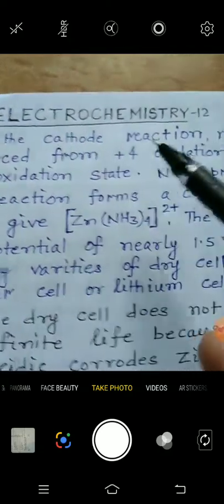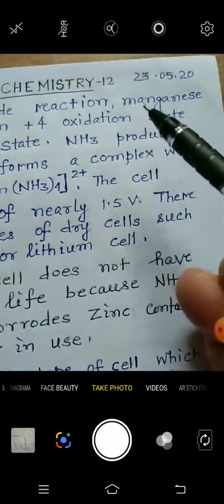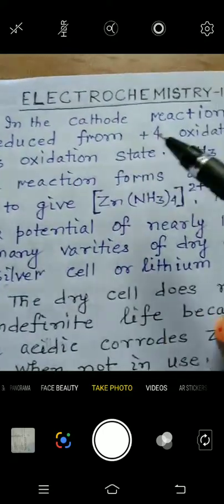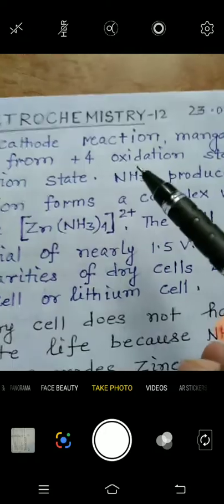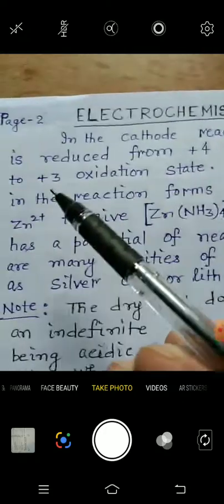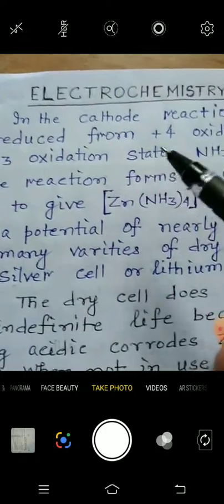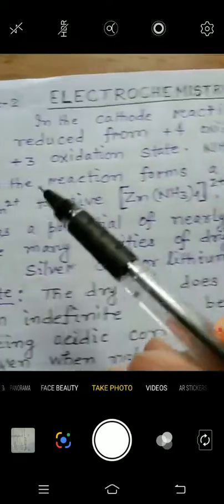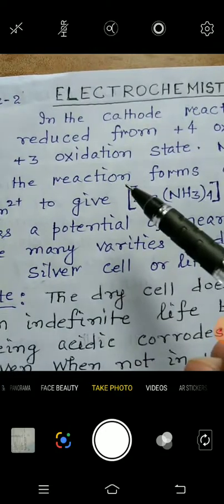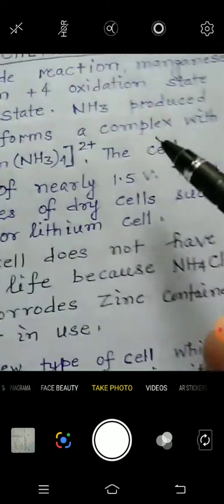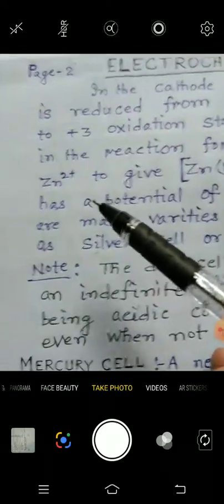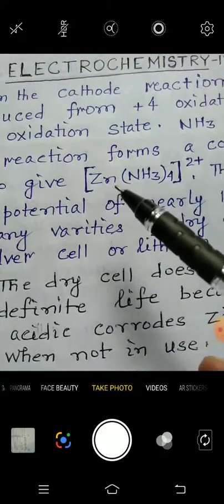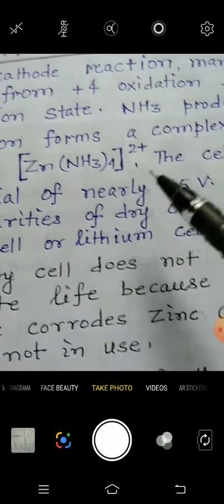In the cathode reaction, manganese is reduced from plus 4 oxidation state to plus 3 oxidation state. NH3 produced in the reaction forms a complex with Zn2+ to give this type of ion.